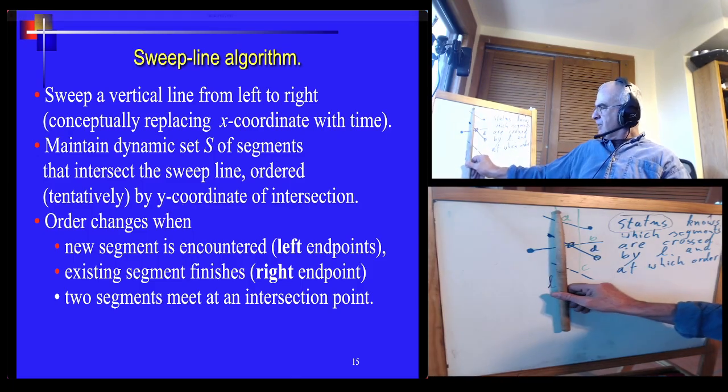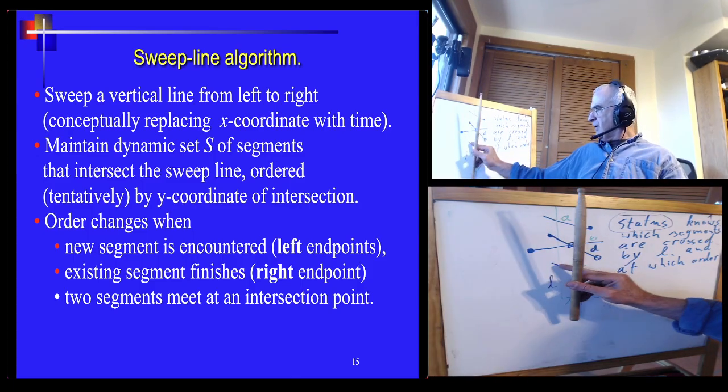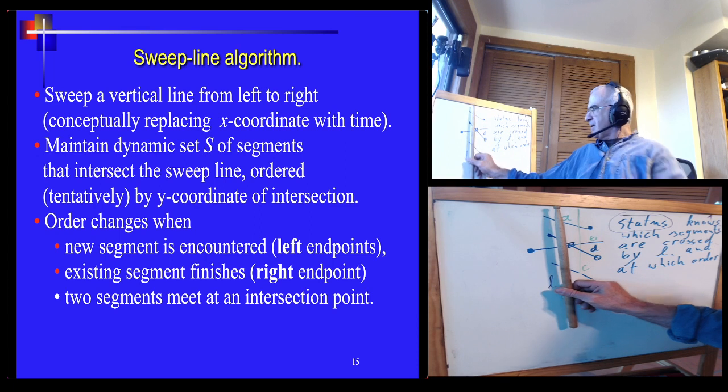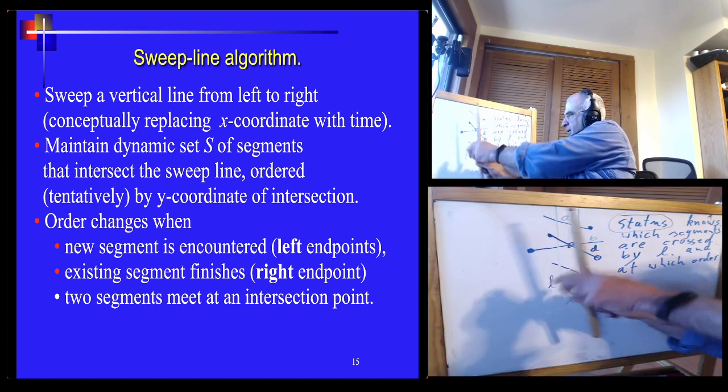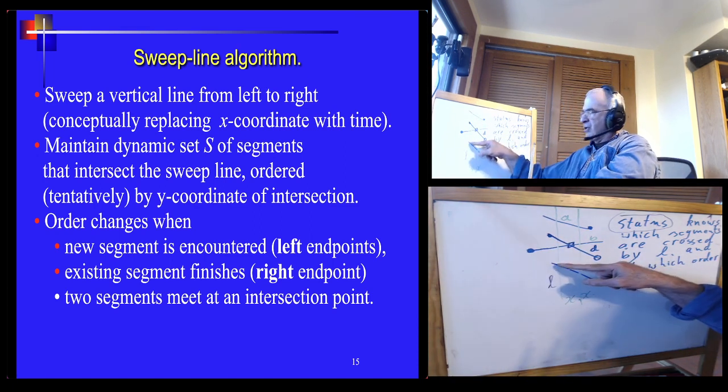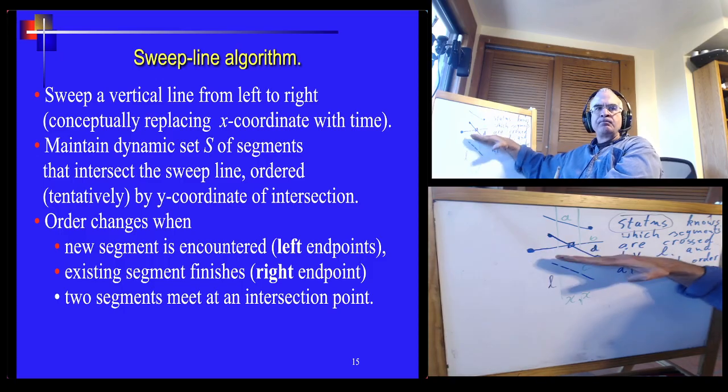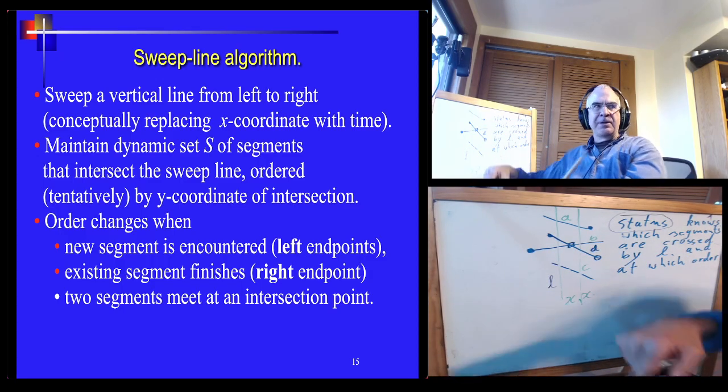Right? C is the lowermost one. No matter where I pick exactly, the intersection point with C has the lowermost y value. The lower you get, the smaller the y value.